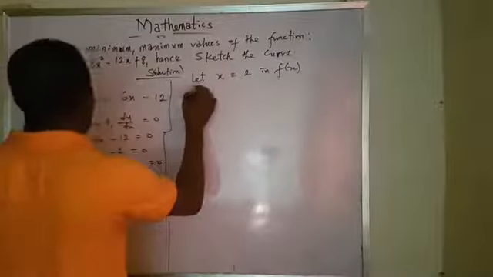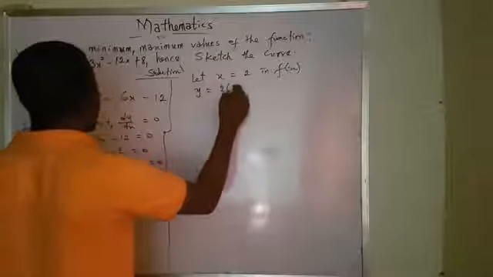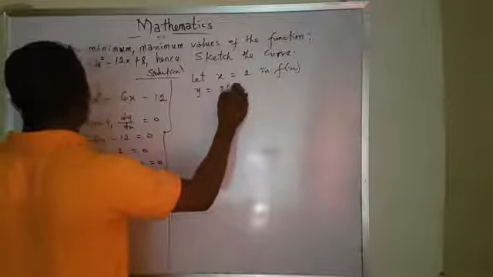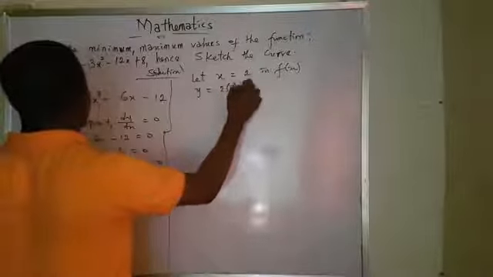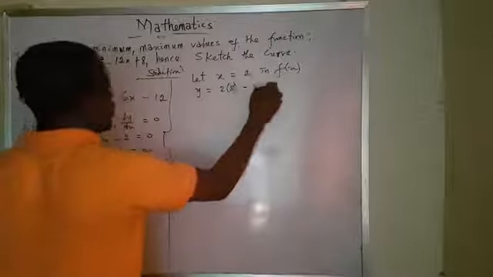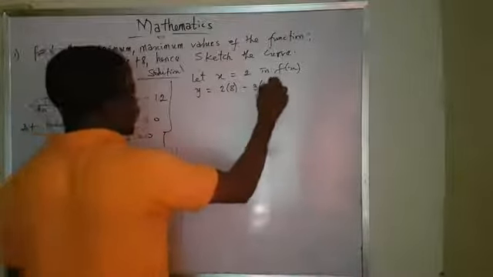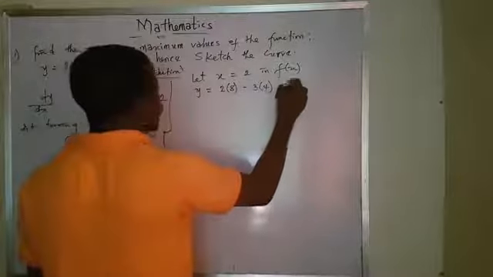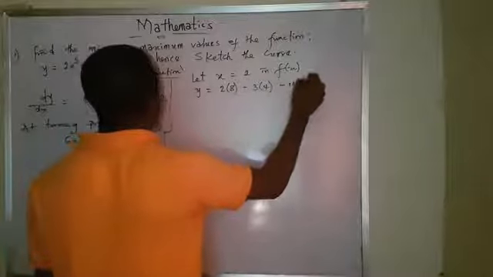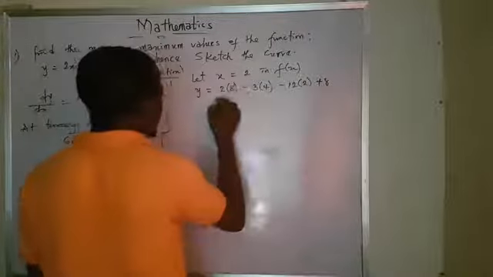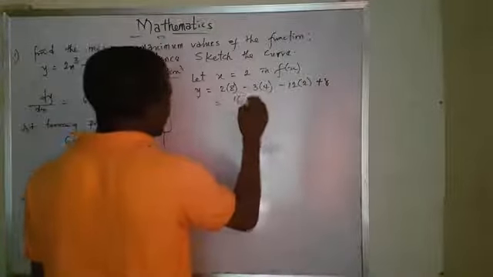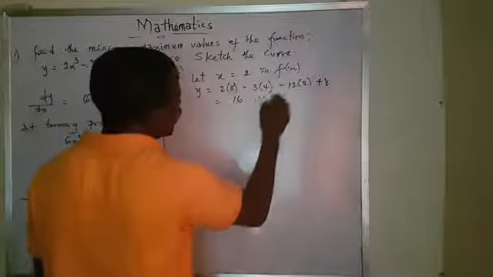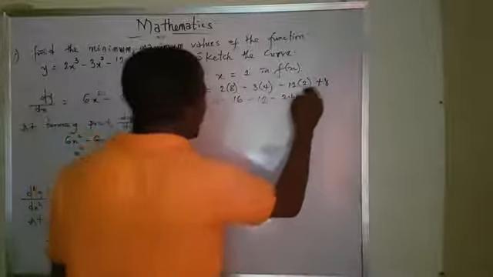So we can say y will now be equal to 2 open brackets, this is just 8, minus 3 open bracket of 4, minus 12 open bracket of 2, plus 8, and that can be equal to 16 minus 12 minus 24 plus 8.